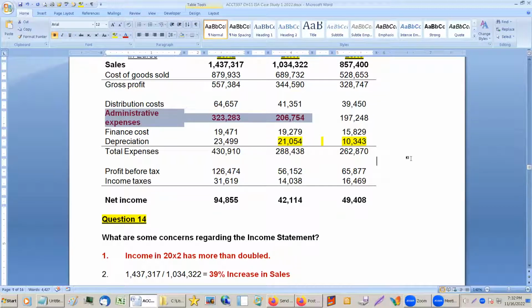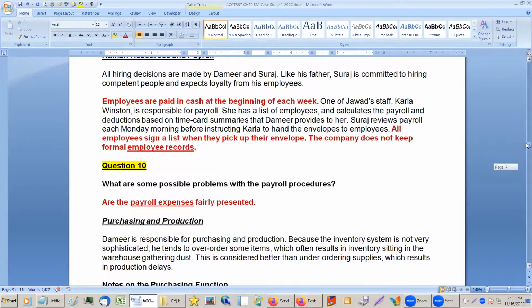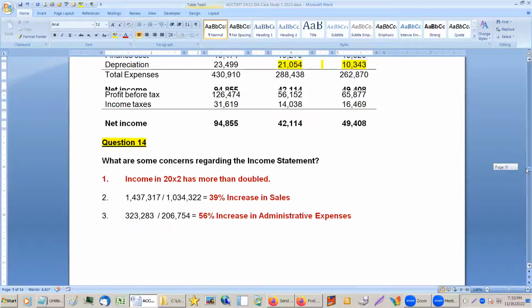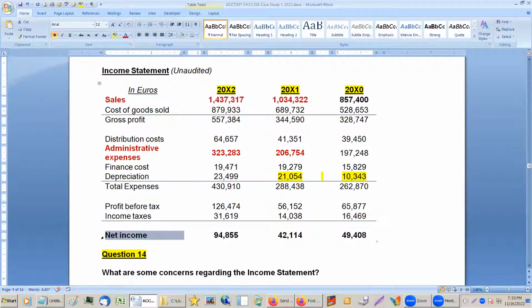I don't think I saw anything up there. Anyway, now looking at this, let's look at the things that we looked at to investigate.